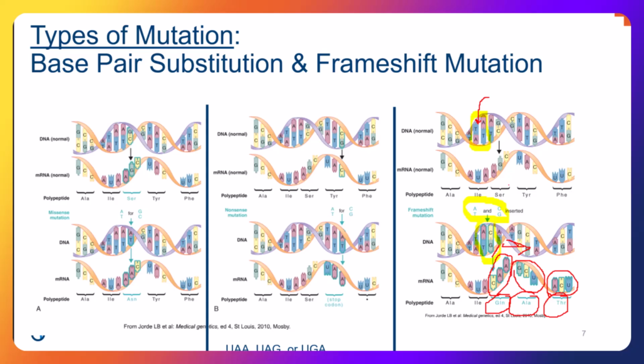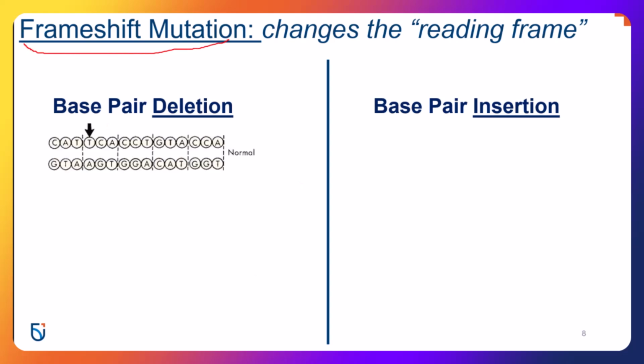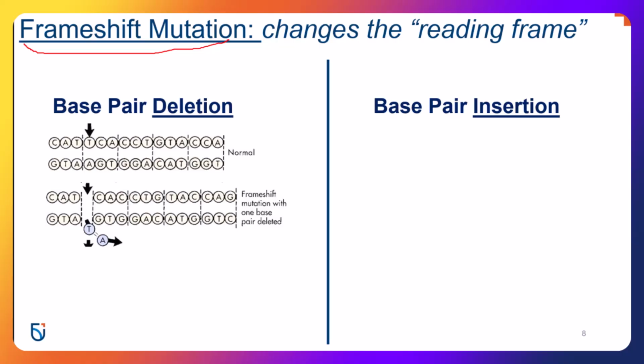So these mutations change the entire reading frame of the DNA sequence because the deletion or insertion is not a multiple of 3, first of all, and it creates an entire shift in what amino acid sequences are present and therefore producing a different polypeptide. So this is still frame shift mutation, just to show you a different way to look at this.